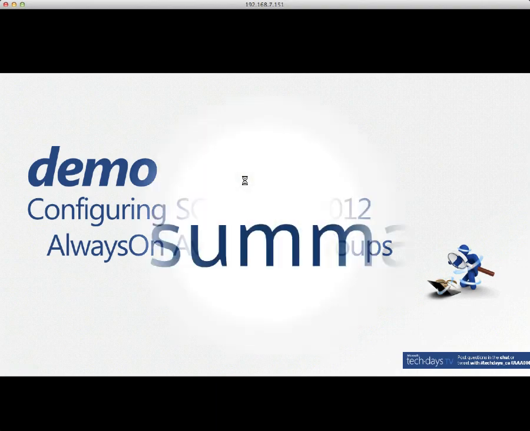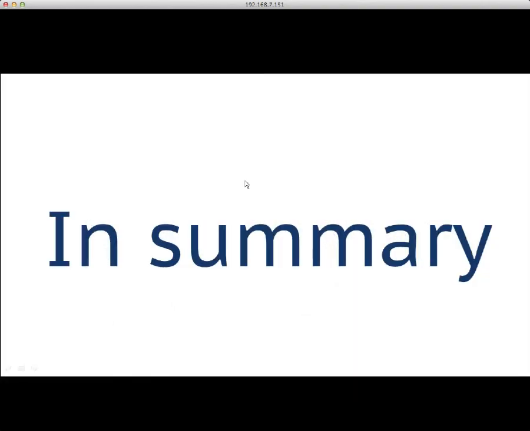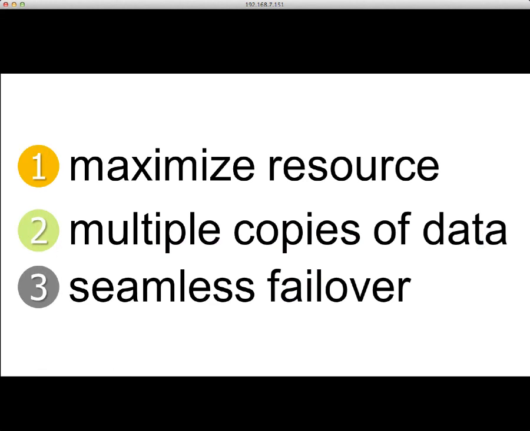In summary, we've looked at Always On availability groups to maximize your resources, have multiple copies of your data. Now instead of having one database mirroring configuration and log shipping, you just have Always On availability groups to provide you with multiple copies of data.